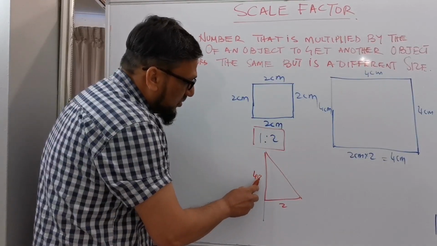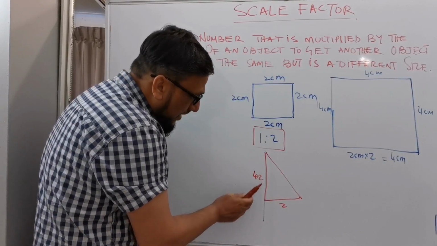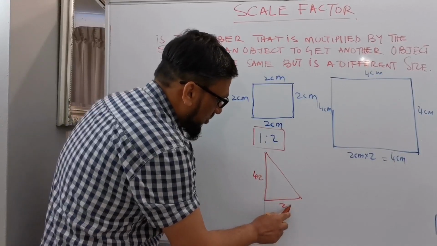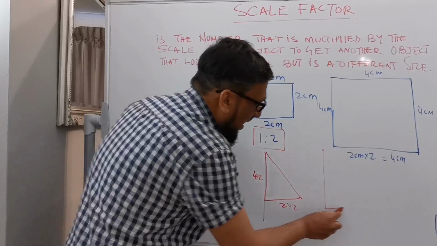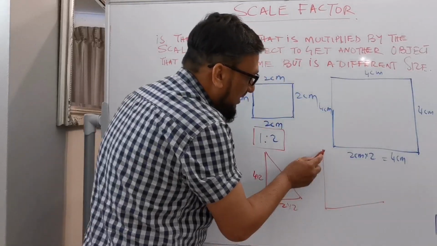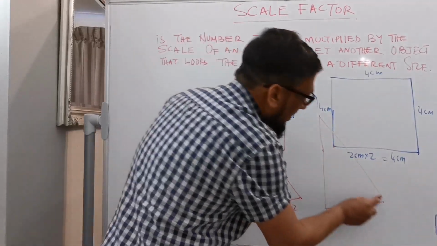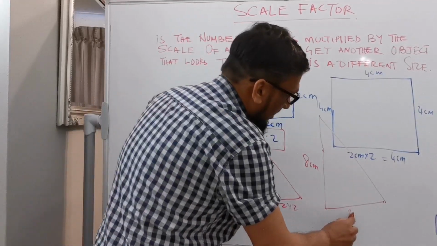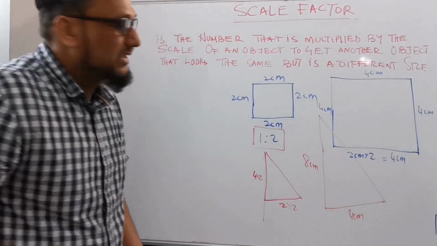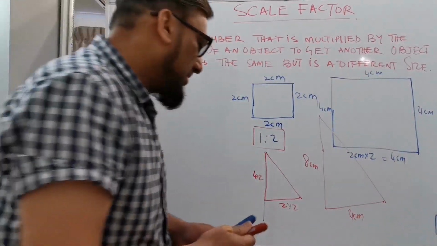So 4 times 2 is 8, and 2 times 2 is 4. So the new triangle size is increased to 8 centimeter by 4 centimeter. This is called a scale factor.